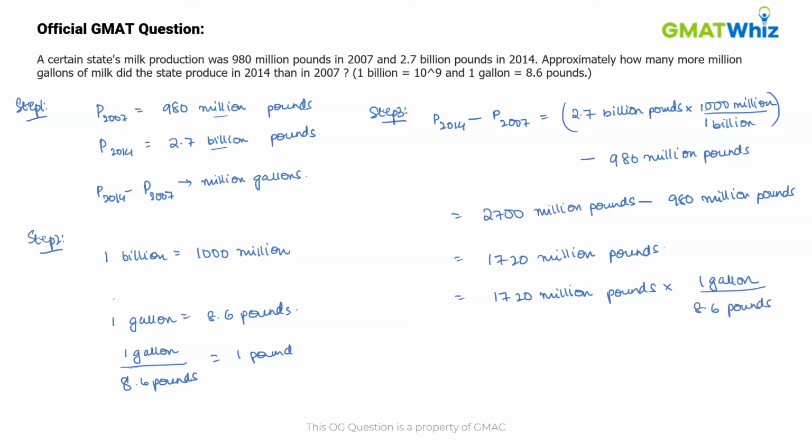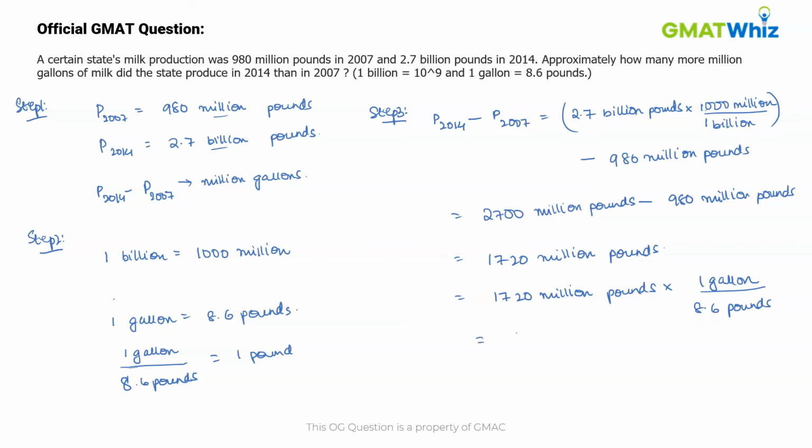Now the advantage of writing the units like this is you will know whether you are writing it the right way or the wrong way, because to get gallons I need to cancel pounds from the numerator and the denominator. So while converting the units, pound should be in the denominator. This way I know that I am doing the correct unit conversion.